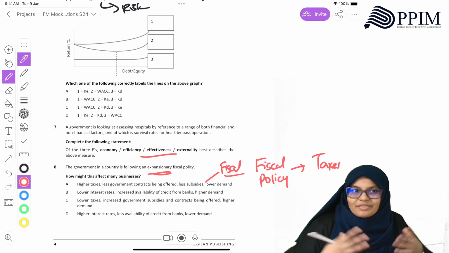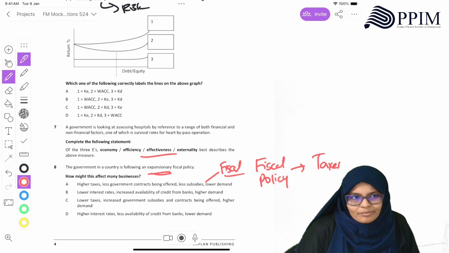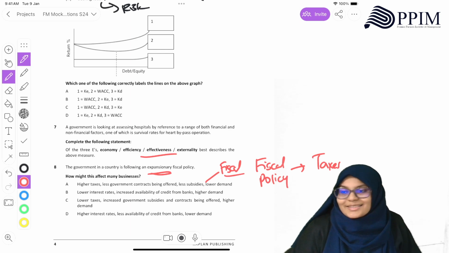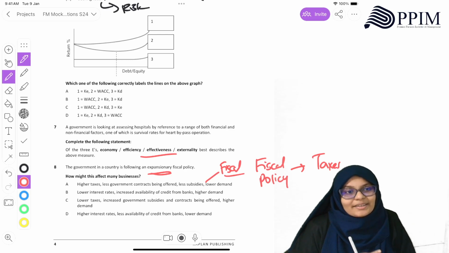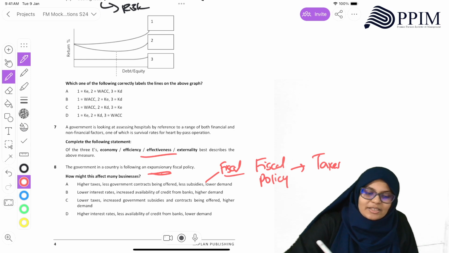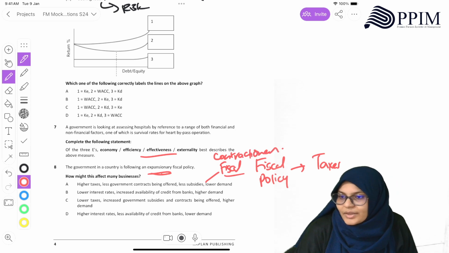Are we increasing the supply in that particular economy? If you ask companies to pay higher tax, you are not going to give them contracts, less subsidies, lower demand. That means the economy is actually contracting. It's not expanding, right? So they are talking about expansionary policy. This is a contractionary policy. So can't be A.